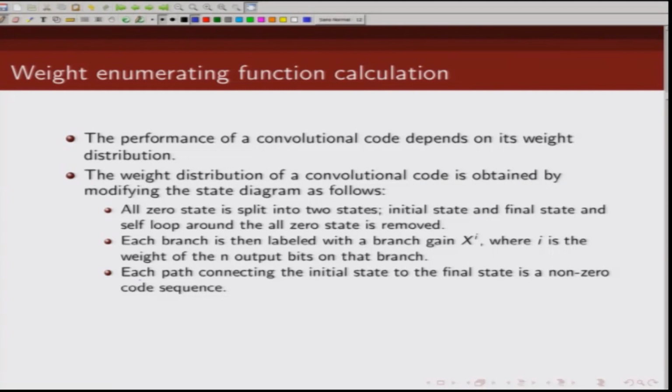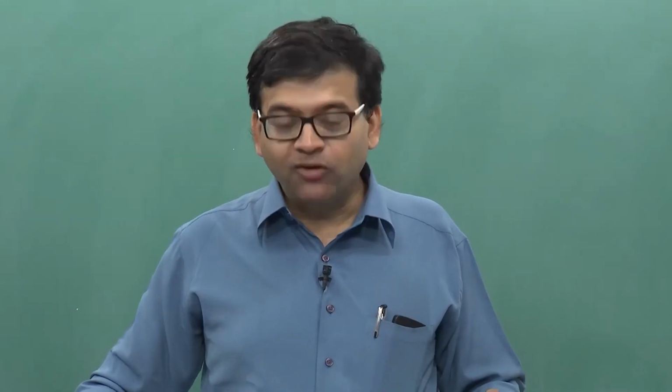Now, after we split the all 0 state into an initial state and a final state, each path starting from the initial state to the final state will be a valid code word.